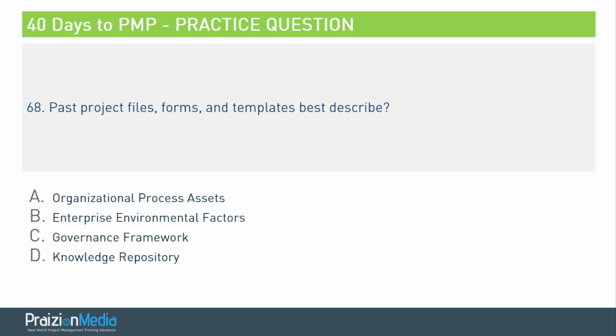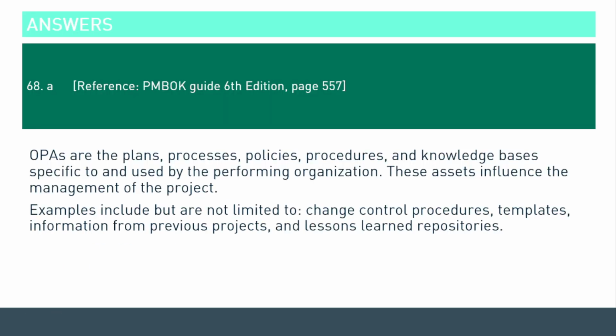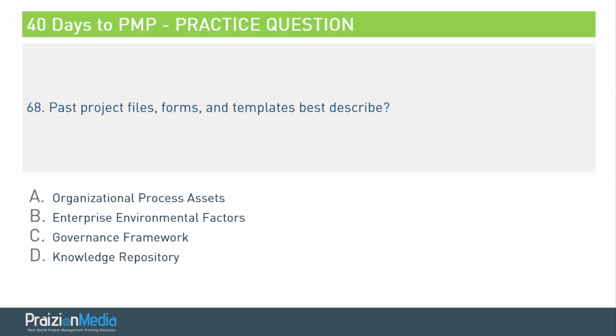All right. 3, 2, and 1. All right, my friends. The answer to this is, of course, OPAs. This is a direct cutout of the PMP Guide again. Project files from the past, forms and templates. It's not EEFs, and it's not C, and it's not D.